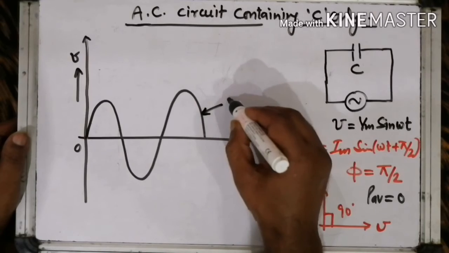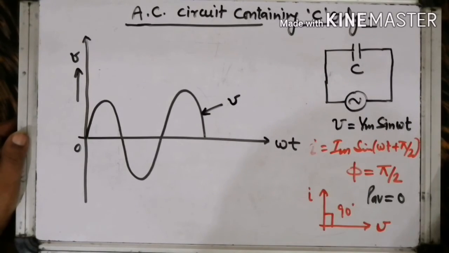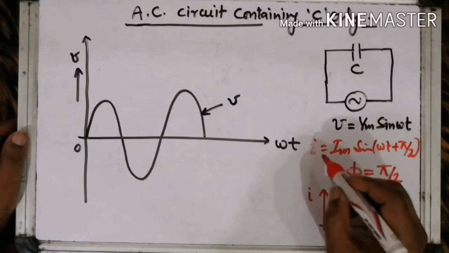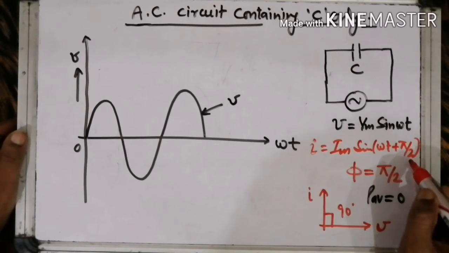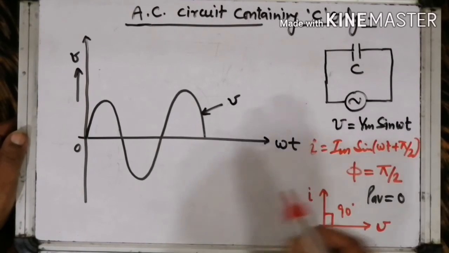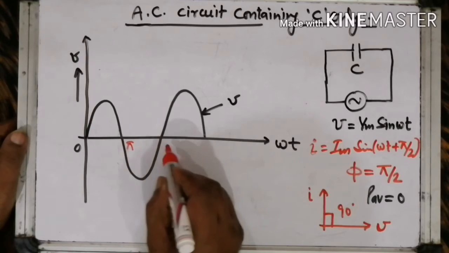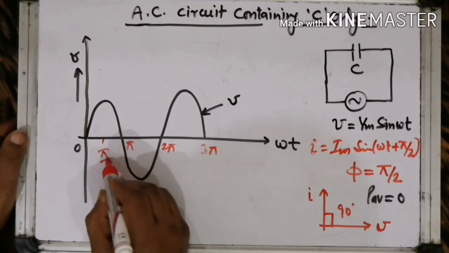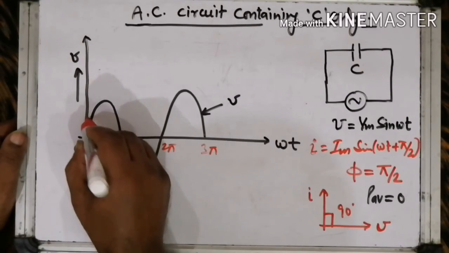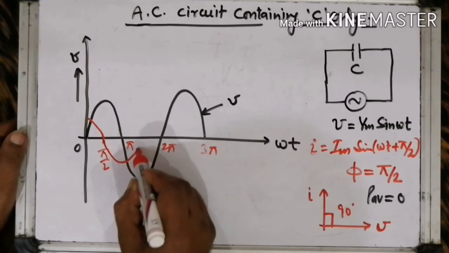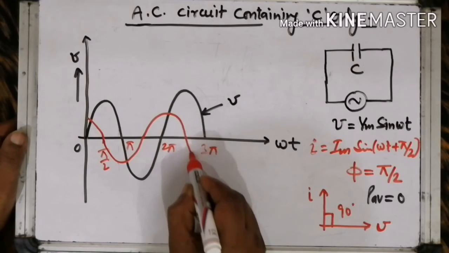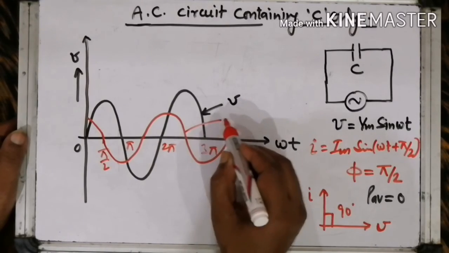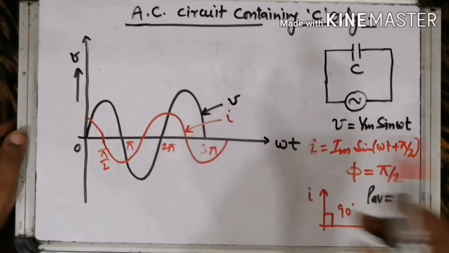This one is the voltage V. Now the current leads the voltage by an angle of 90 degrees. It is 0, pi, 2 pi, 3 pi. This one is pi by 2. The current leads by an angle of pi by 2. This is the waveform for the current, right?